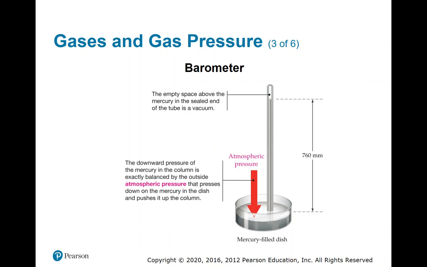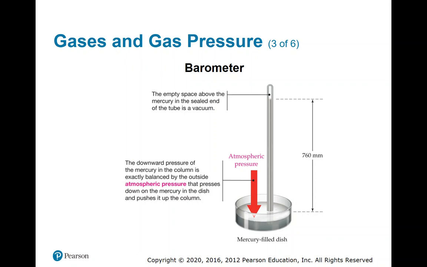And as it turns out, the distance that the liquid travels up the tube is directly proportional to the atmospheric pressure. And so we can essentially label the barometer with a ruler to just be able to measure the distance that the liquid travels up the tube, and that will give us a measure of what the pressure is in the atmosphere wherever the barometer is.